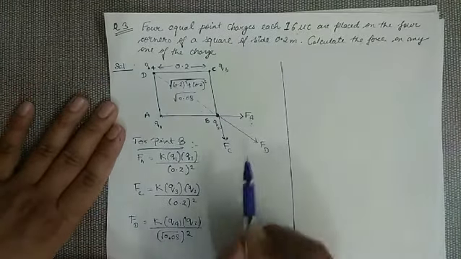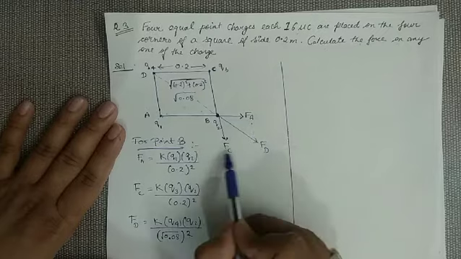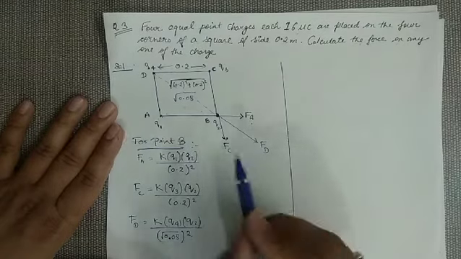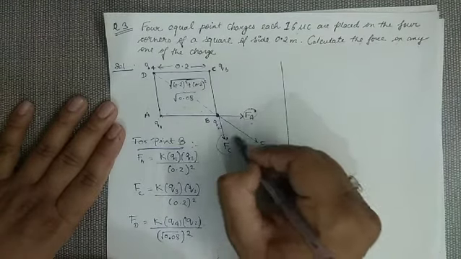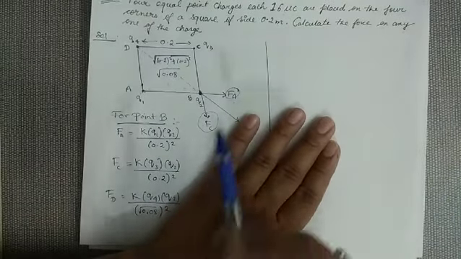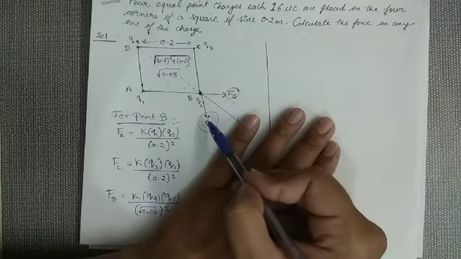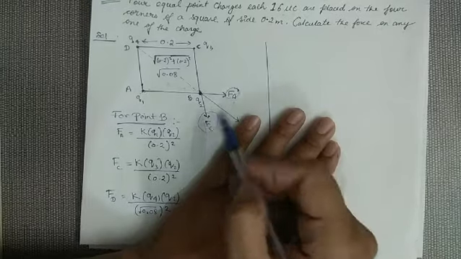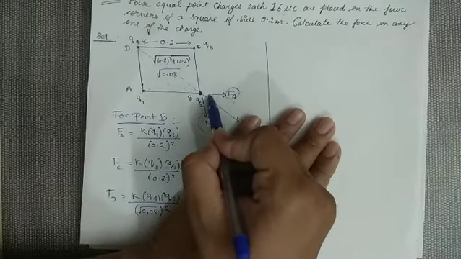Now see, before solving these three, first of all we have to take the resultant of these two. Don't think of FD. Just see, FA and FC, these both are acting perpendicular to each other.